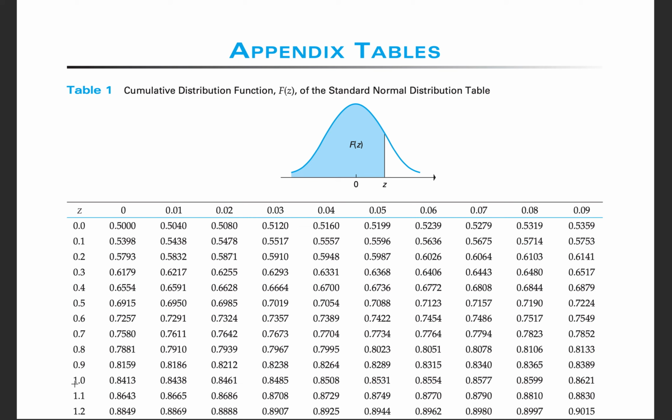So we take 1.00, so that should be this value here. So the cumulative distribution function for 1.00 is 0.8413. So the area under the graph on the left-hand side of 1.00 is 0.8413. Let's remember that number.